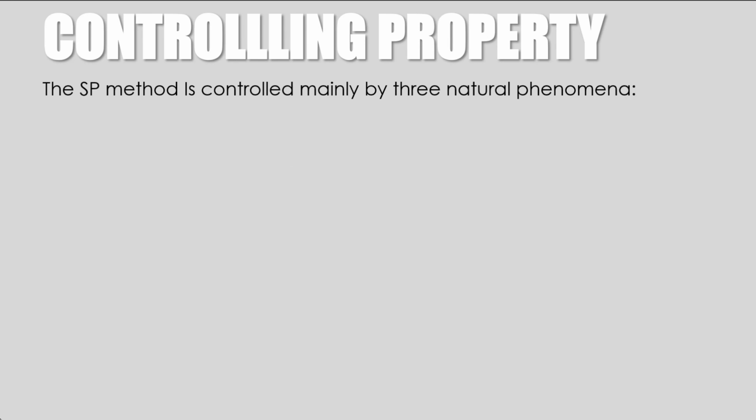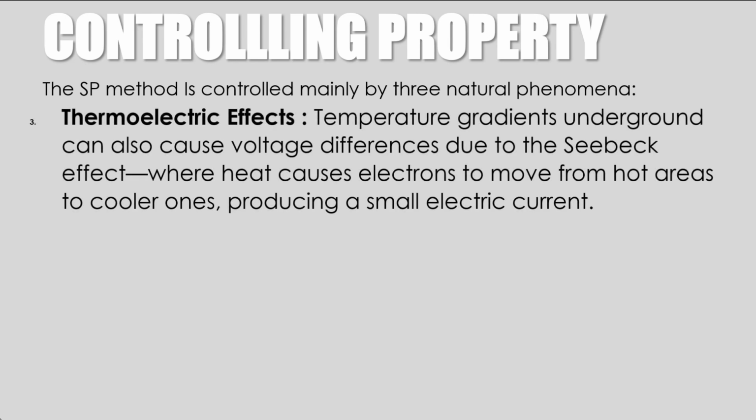And lastly, we have thermoelectric effects. Temperature gradients underground can also cause voltage differences due to the Seebeck effect, where heat causes electrons to move from hot areas to cooler ones, producing small electric currents.